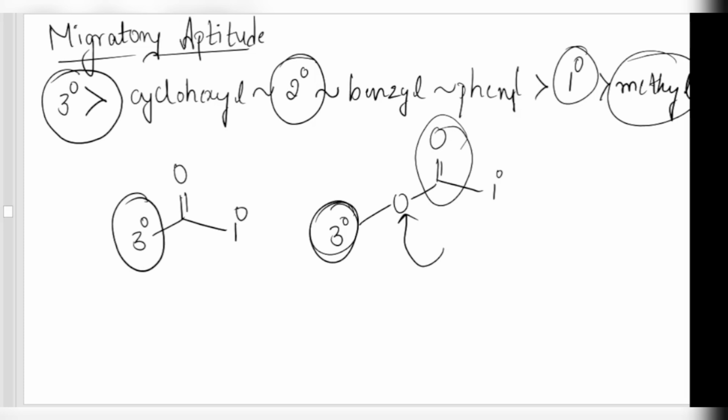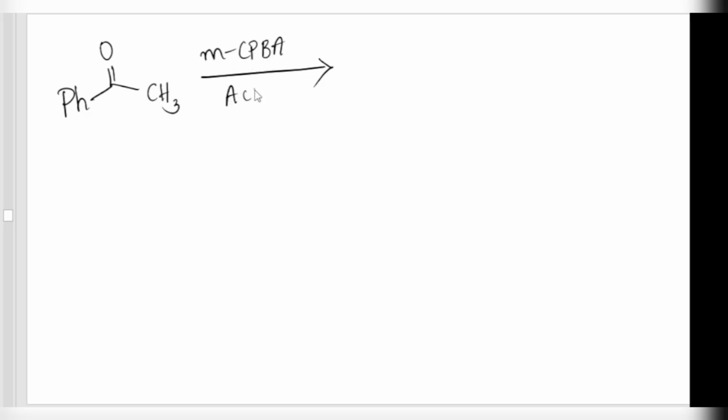Now we'll take up an example. Suppose I take acetophenone as an example. Here I have Ph, double bond O, and here CH3 is there. This is acetophenone. If I add MCPBA to this in the presence of acetic acid at 0 degrees Celsius, what will I get?